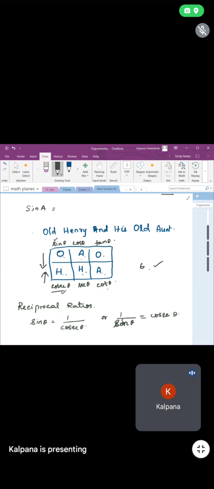Okay, so both ways you can learn the formula. So sine theta is 1 by cosec, cosec theta is 1 by sine. Same way for cos theta, it is 1 by secant and secant theta is 1 by cos. Tan theta is 1 by cot and cot theta is 1 by tan. So again, the 6 reciprocal formulas are here, if you know the order. Yes?